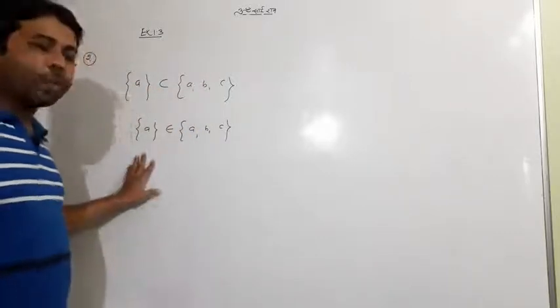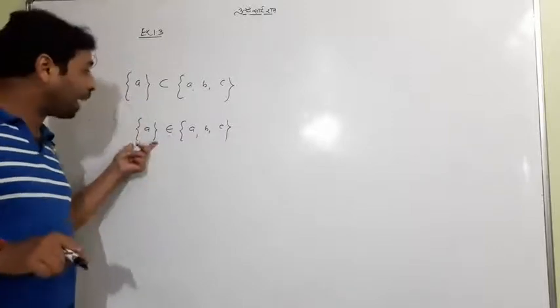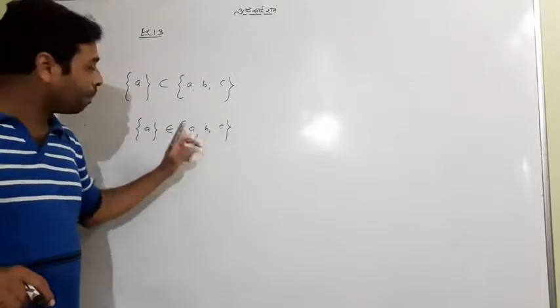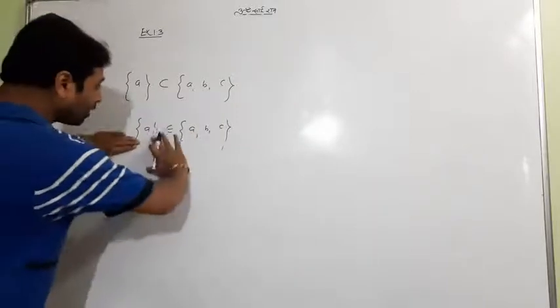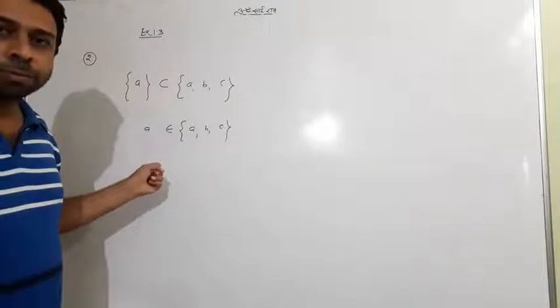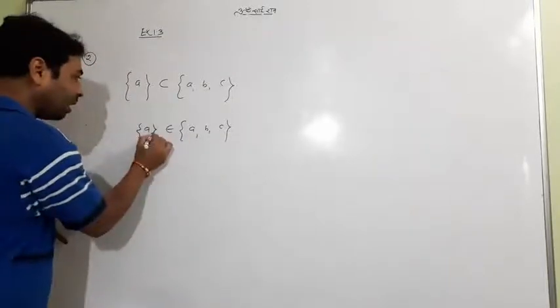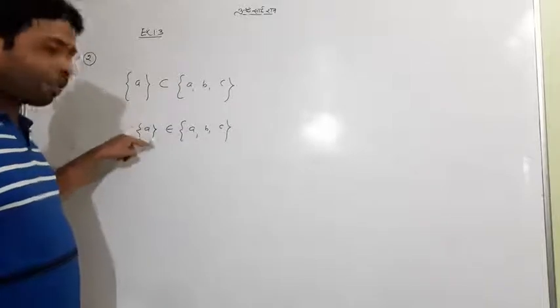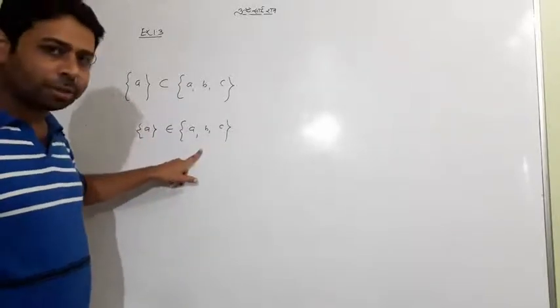But for belongs to, this must be an element. The element is A, not the set A. If this were not here, it would be true because A is an element of this set. But this is A in the form of a set. Actually it is a subset of {A, B, C}, but it is not an element of it.